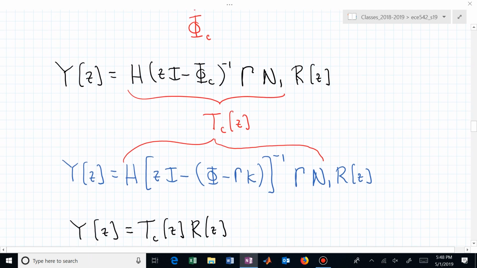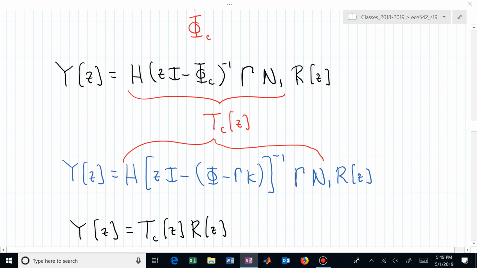Here's your closed loop transfer function with a non-zero reference input. What has happened? Now we have the transfer function between a reference input R and the output Y. And we now have one new term appearing in this transfer function, t sub c of z, and that one new term is capital N sub 1.